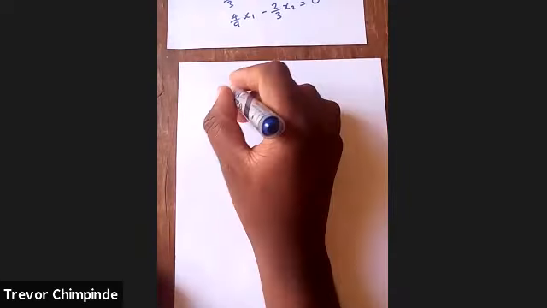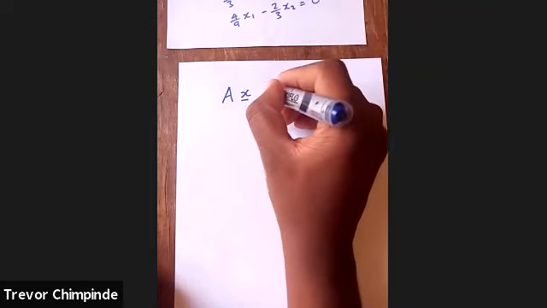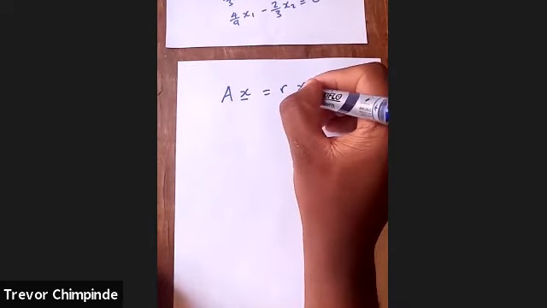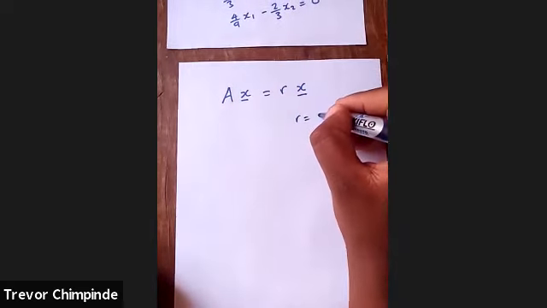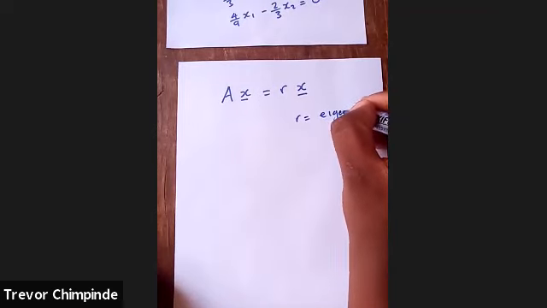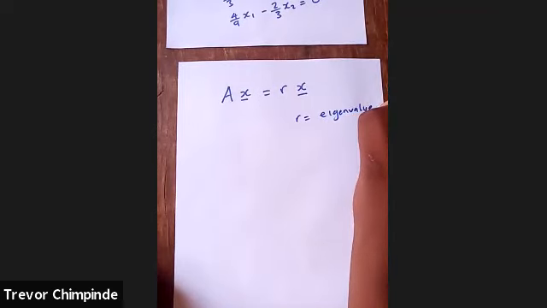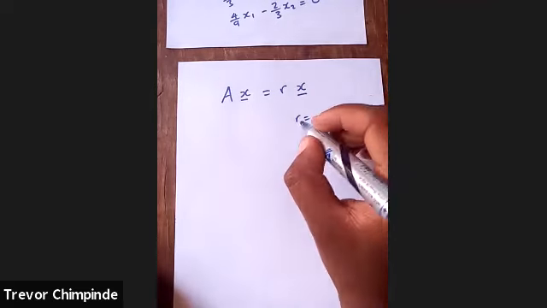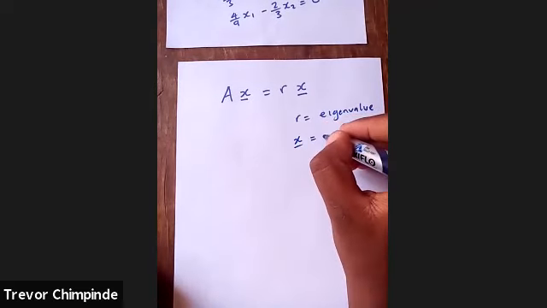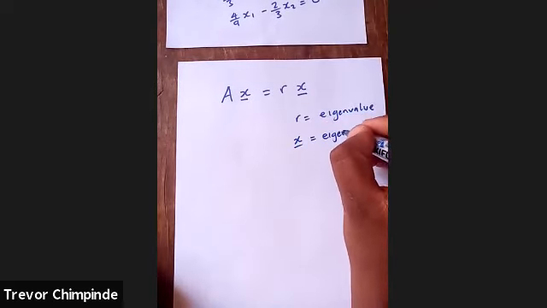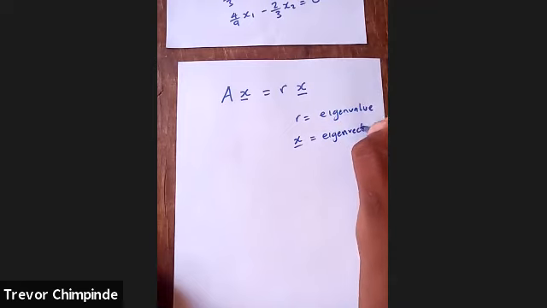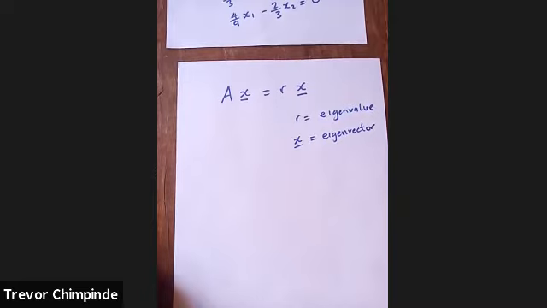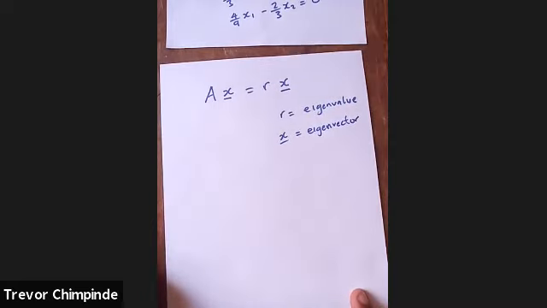You have to have that Ax should be equal to rx. So r here is your eigenvalue, and x is your eigenvector. So you can check that indeed the left-hand side will equal the right-hand side.